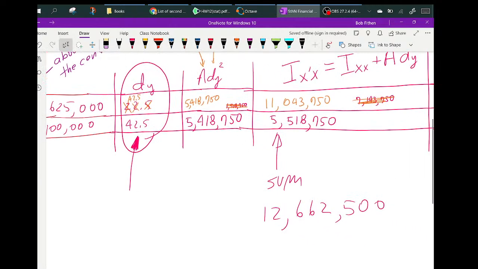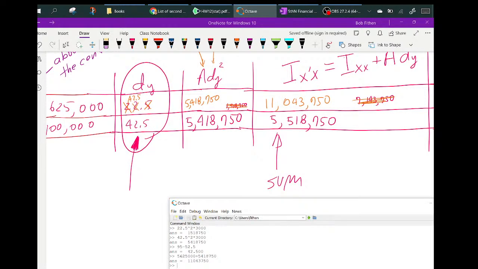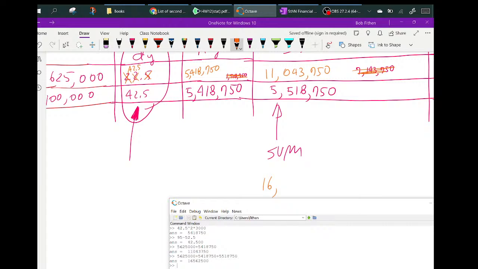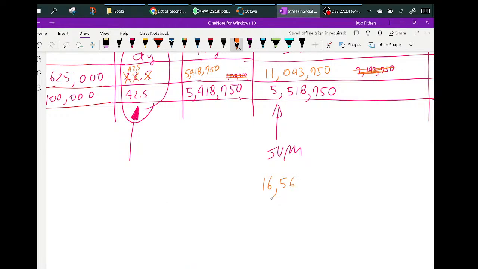Now, if I sum these, I do not get that value. I can just do this plus 5,518,750, 16,56. No, is it 562 or 52? 562,500, or 16.6, or 16.56 e to the 6th.